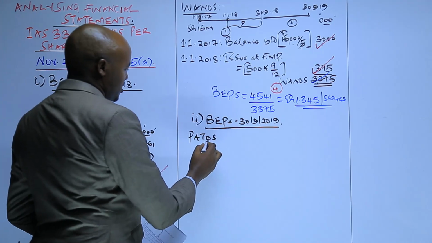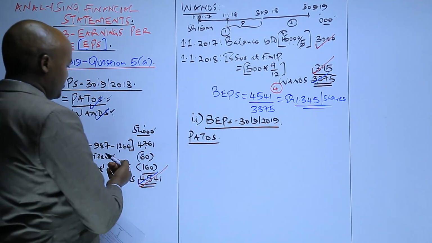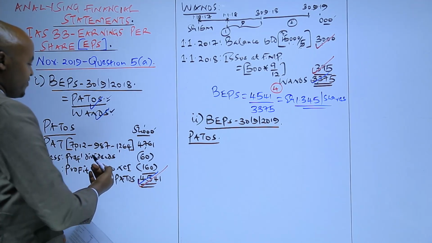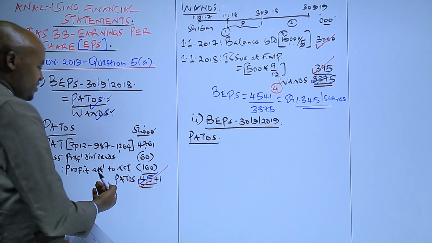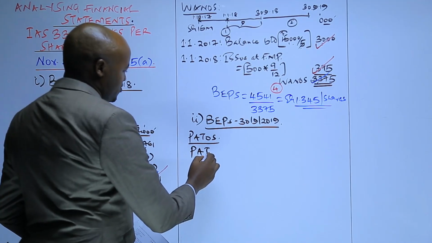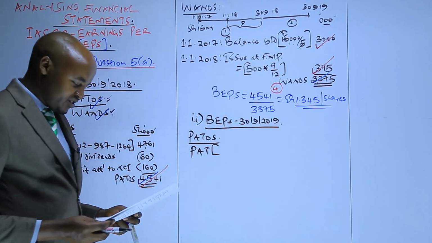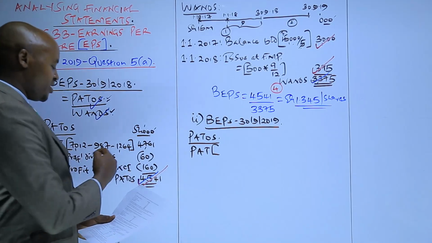But what we need to do is to determine these 2 items, the PATOS and one-offs. So let's start by determining the PATOS for the second year. So the procedure is the same. Take the profit after tax minus preference dividends minus the profit attributable to non-controlling interest. So the profit after tax, equally this one is not given, but we are going to compute it in the same way.